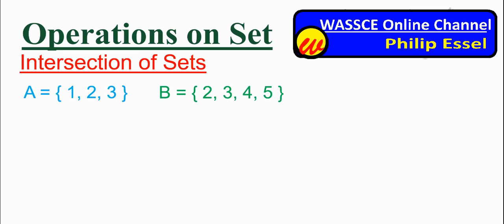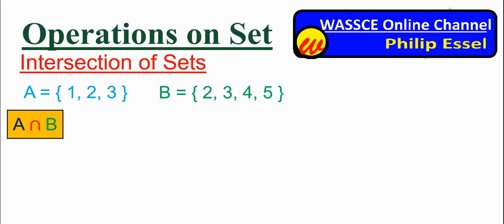Let's take another set B with the members 2, 3, 4, and 5. Now, we'll be looking for A intersection B. This is how we write A intersection B. We first write A, followed by the intersection sign, then B.